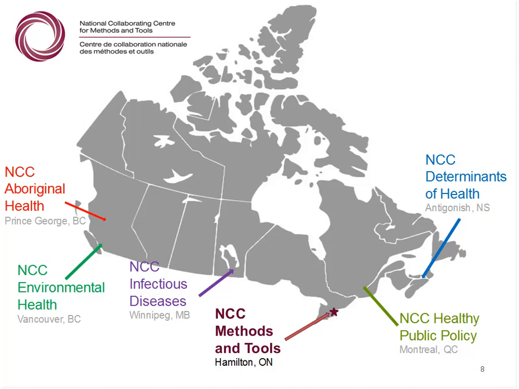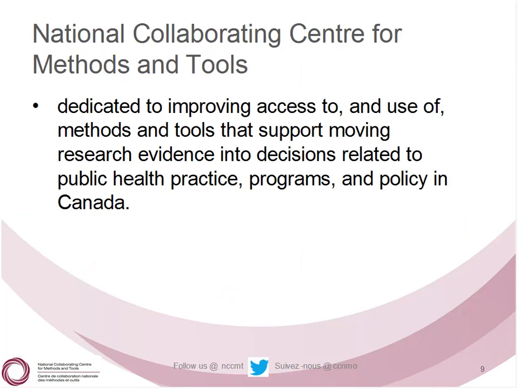While 4 of the National Collaborating Centers support use of research evidence in specific public health content areas, such as environmental health or infectious diseases, here at NCCMT and also within NCC Healthy Public Policy, we work across areas. Our focus at NCCMT is to improve access to and the use of methods and tools to support moving research evidence into public health policy, program and practice decisions in Canada.